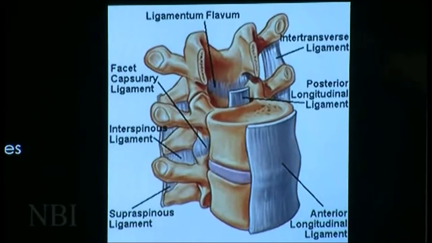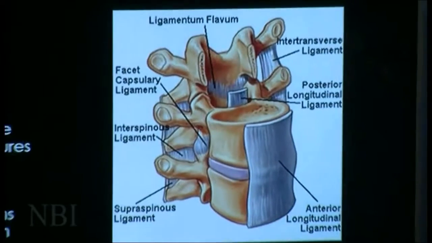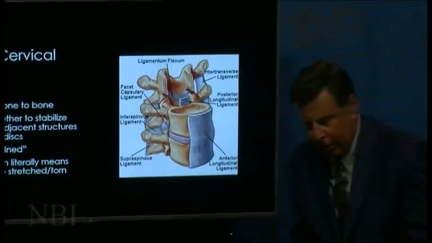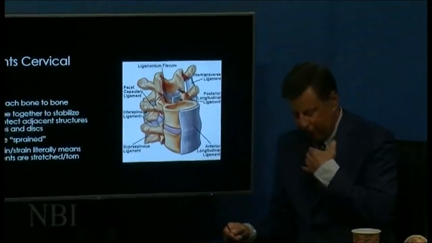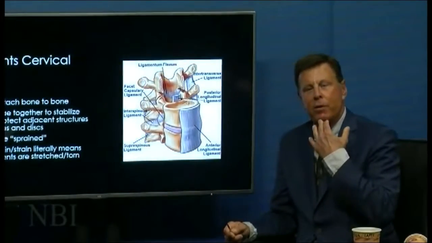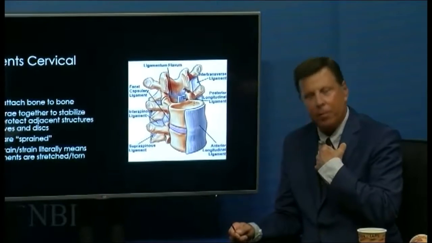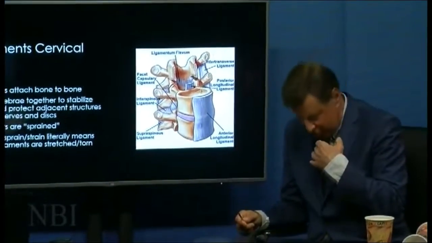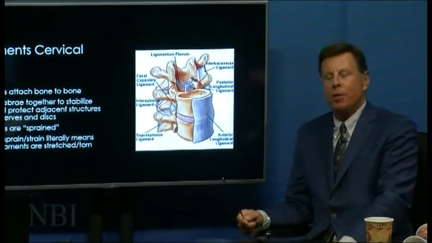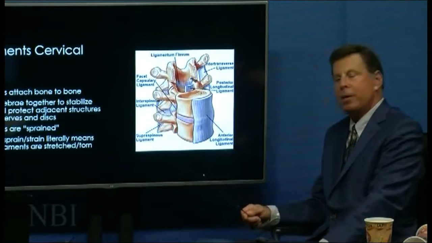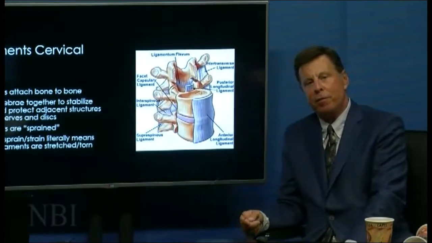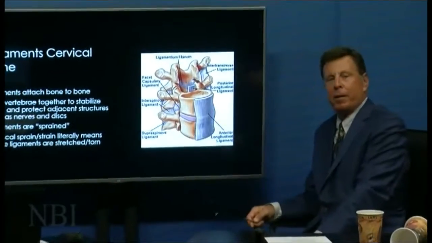It's very hard to flex down enough to tear ligaments, because when your head flexes, your chin, your mandible, hits your sternum. And what happens then is there's an extension of your neck, and that hyperextension is what does the damage, either fracturing the spine or tearing the ligaments.